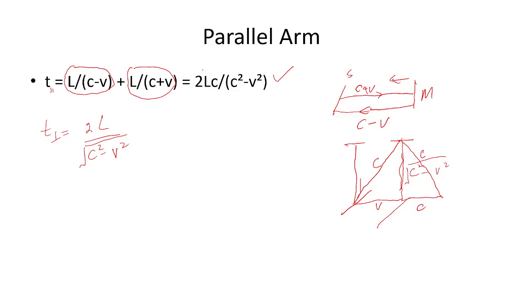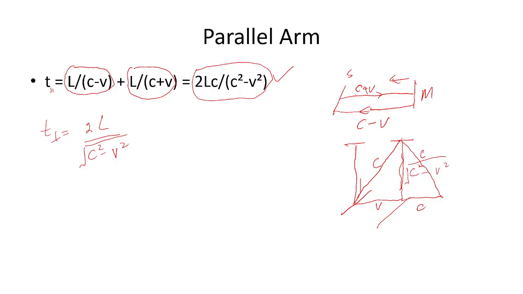So this is the time taken by the light when it moves parallel to the path of the motion and parallel, in fact, to the velocity of the ether.